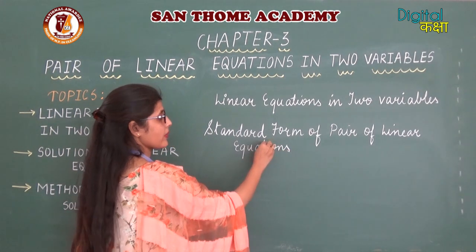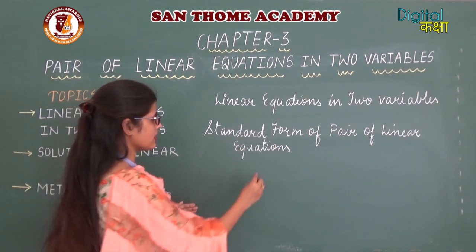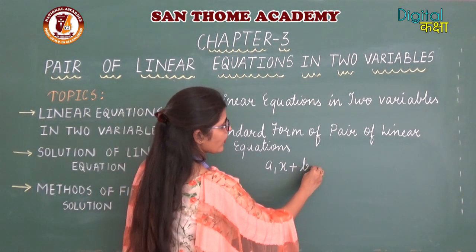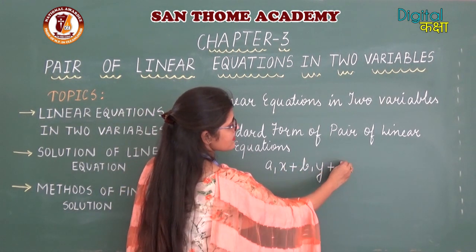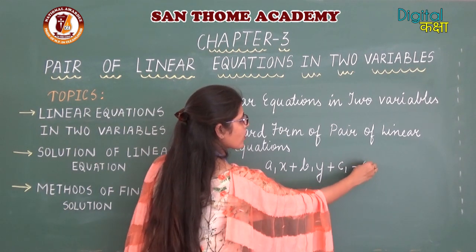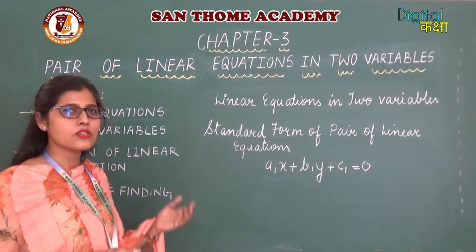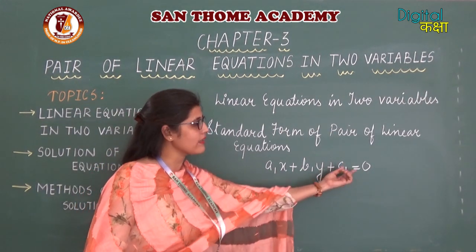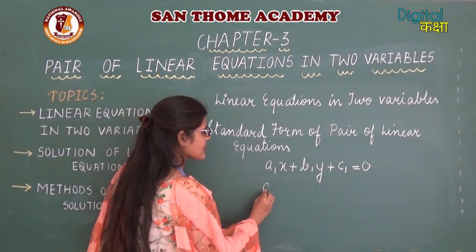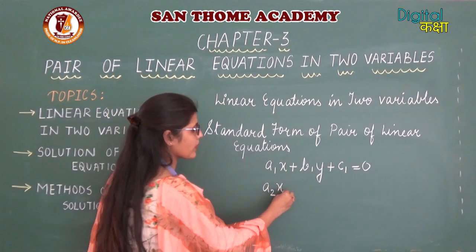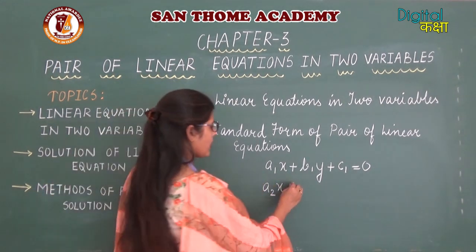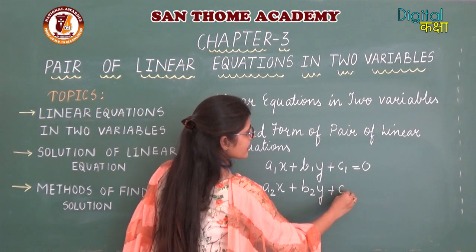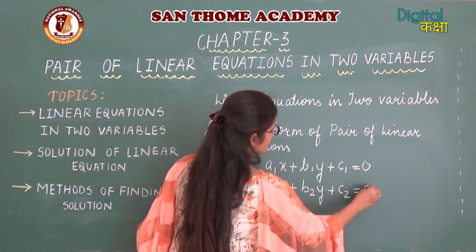Since we need two equations, the first equation, let it be a1x plus b1y plus c1 equals to 0. This is the first equation. And since I need two equations, let the second equation be a2x plus b2y plus c2 equals to 0.